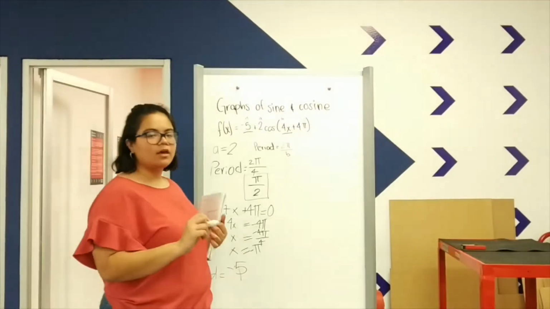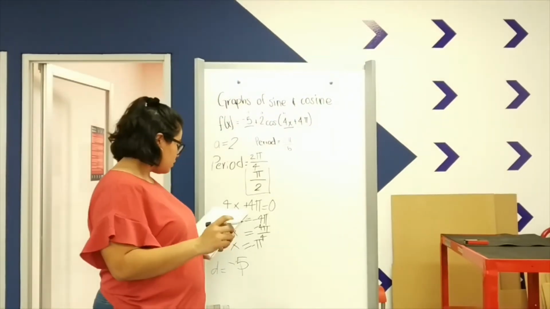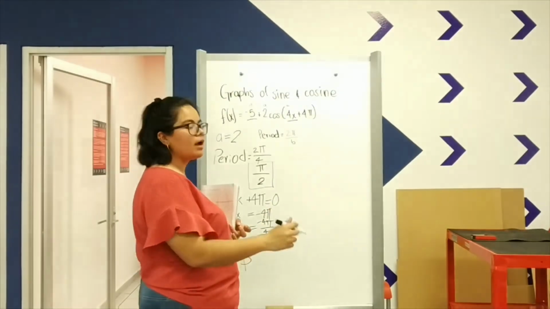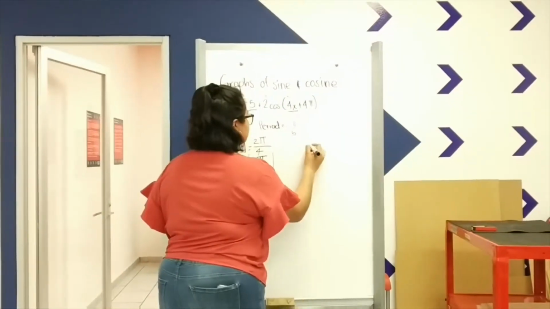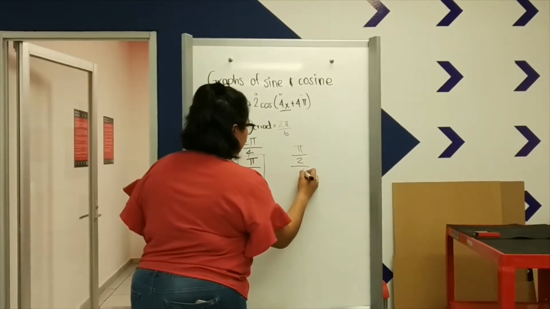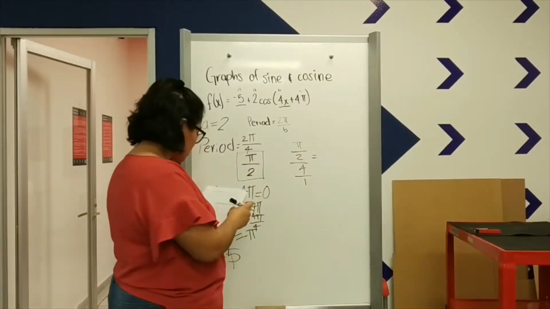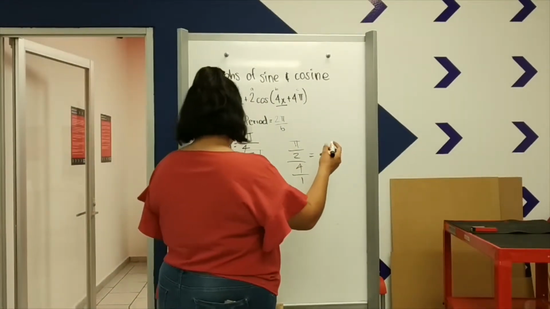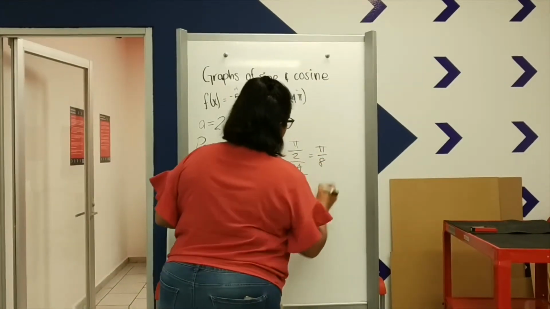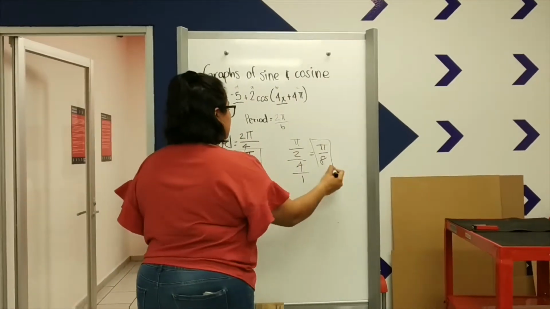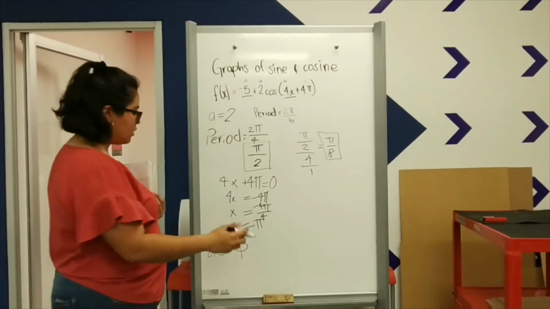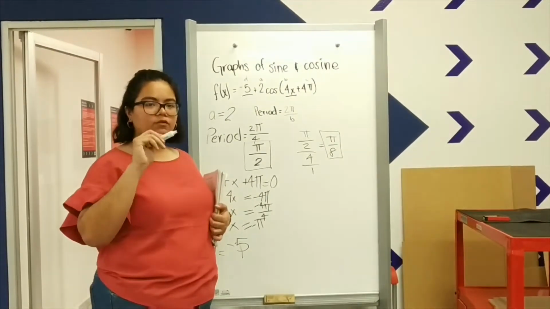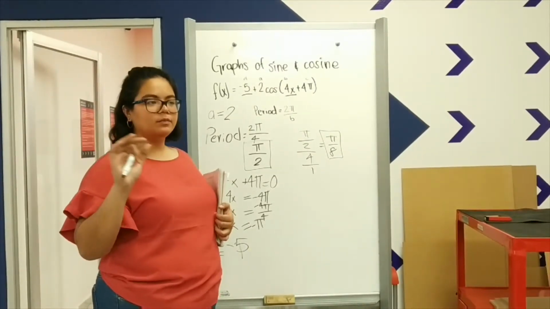We're gonna find the key points of the graph. So to be able to do this, we're gonna have to divide the period by 4. So it's π over 2 over 4, and we do the tortilla method, and we end up with π over 8. Now this, we're gonna add to our horizontal translation, which is the c, and we're gonna add it 4 times to have 5 key points.